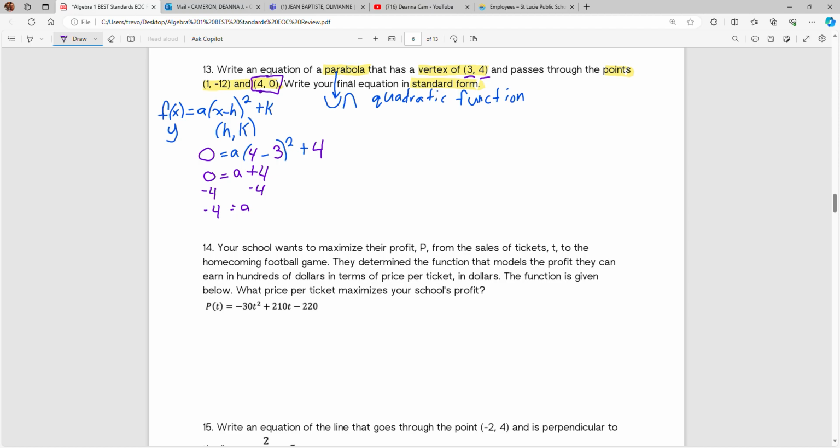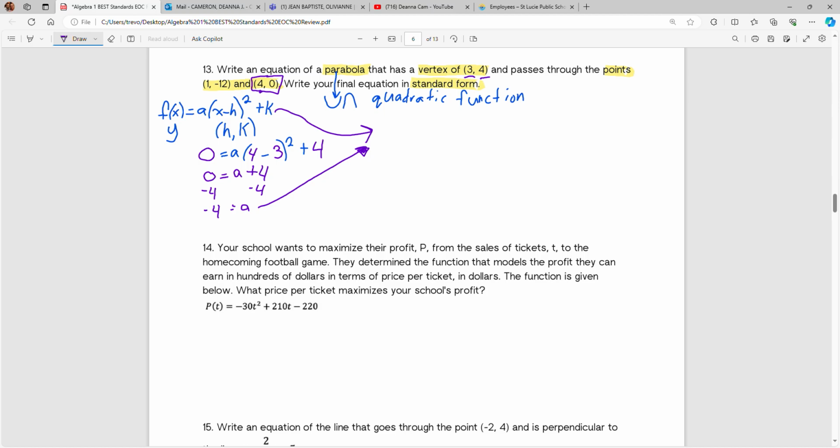So my next step is to take what I know for a and rewrite this formula using this a, and it'll be in vertex form, but the question tells me to write it in standard form.